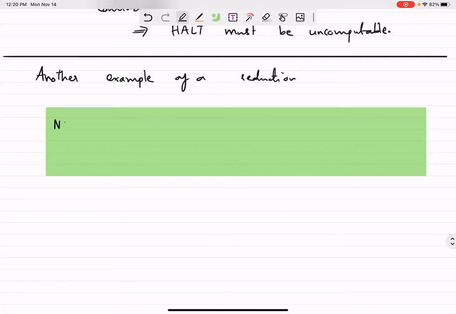I'll call this function not empty. Once again, it's a function which views its input as descriptions of Turing machines, as source code of some program.